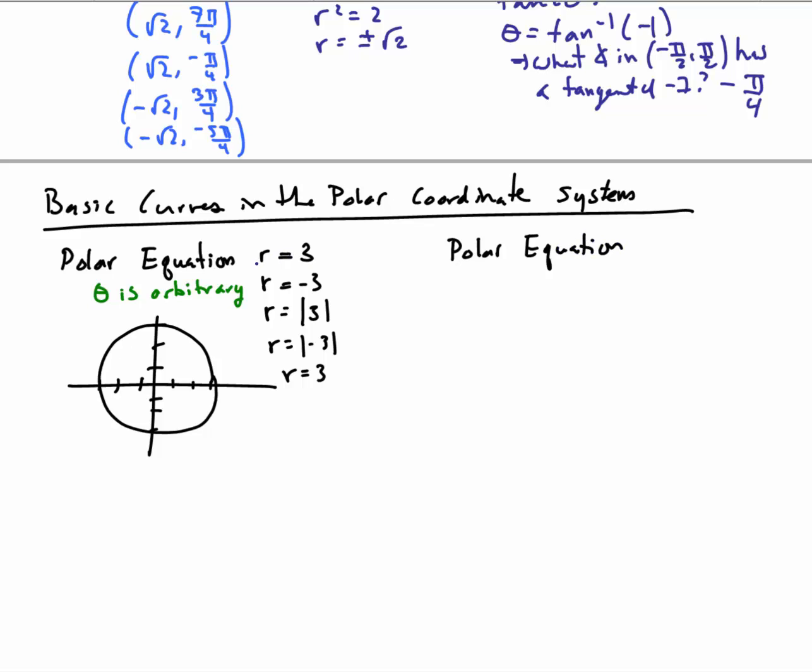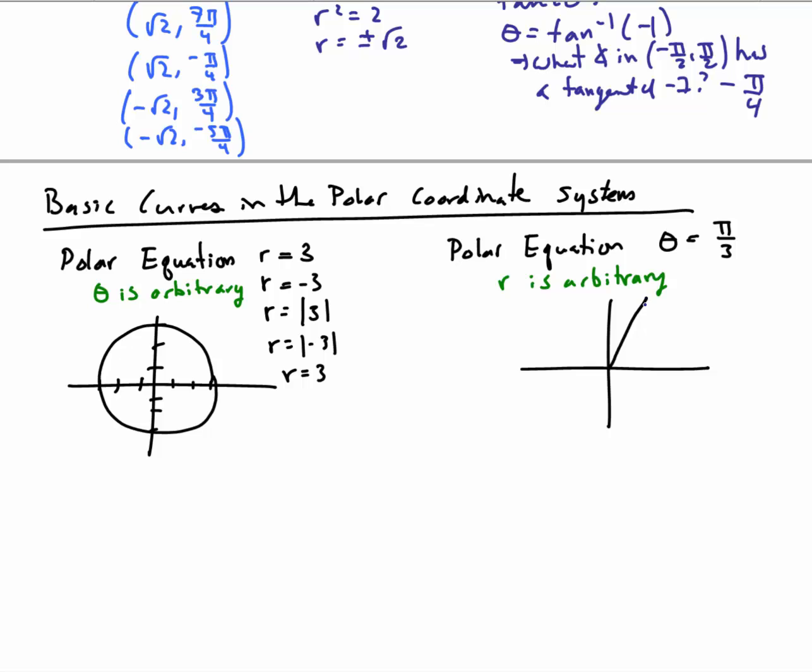So over here, r was 3, that was a whole equation, and theta was arbitrary. Now this one, I have theta is pi over 3, let's say. And in this particular case then, r is arbitrary. That means r could be any value. So as I'm graphing this, I have to think, okay, where is pi over 3?